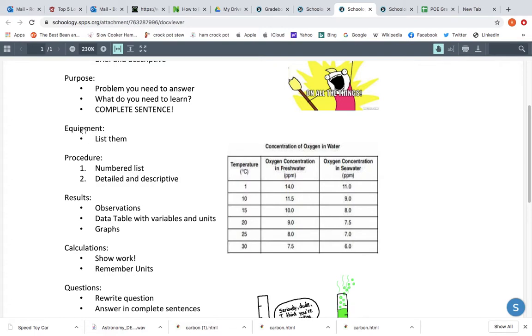Next is a list of the equipment that we use in that activity. List the equipment, or, if it's appropriate, draw a picture of the equipment, the apparatus that we're using in that experiment. The procedure is next, and that should be a numbered list of the things that you do.